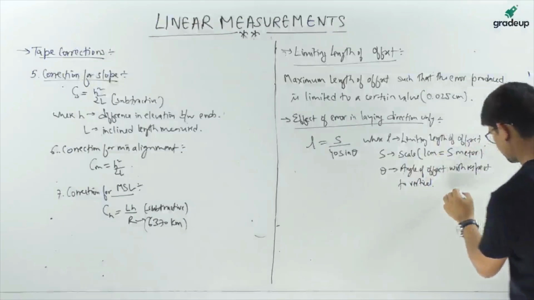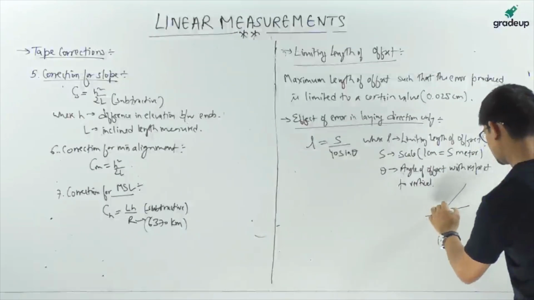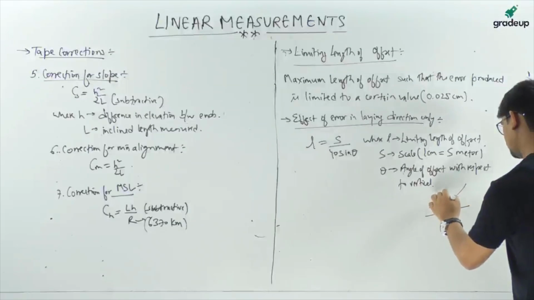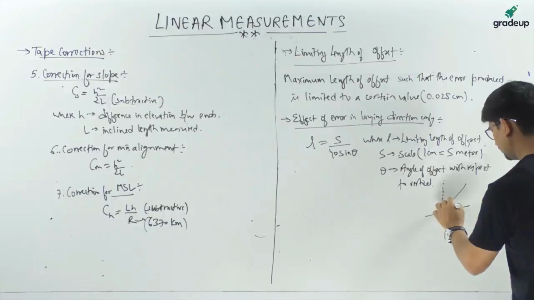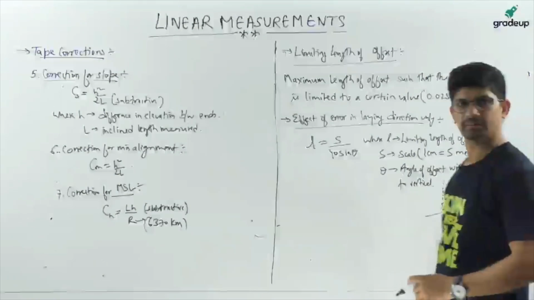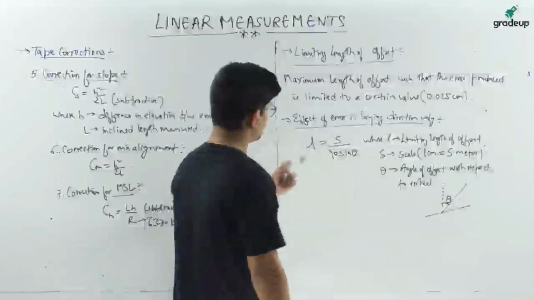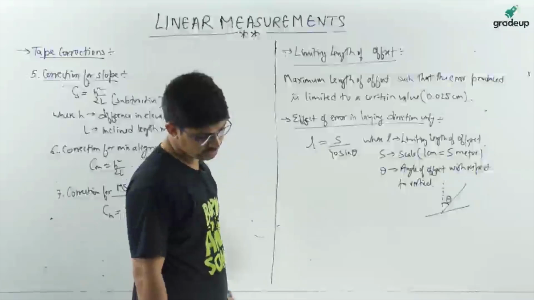So if suppose this is the line, this is the offset, and this is the vertical line, so this will be the value of theta. So this is when effect of error in laying direction only.